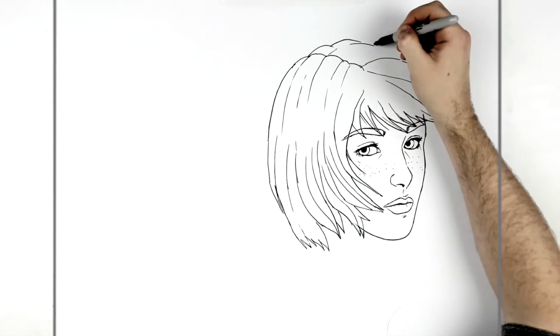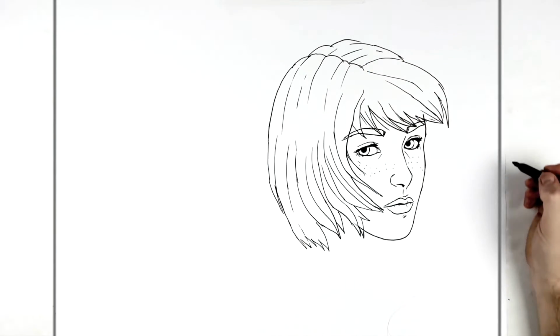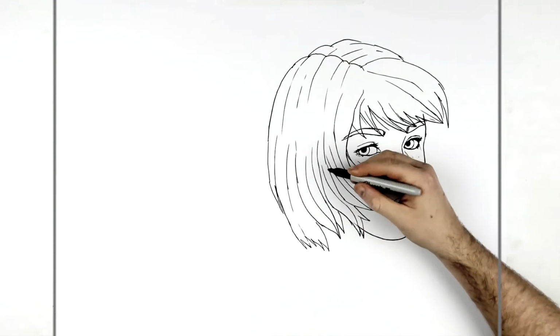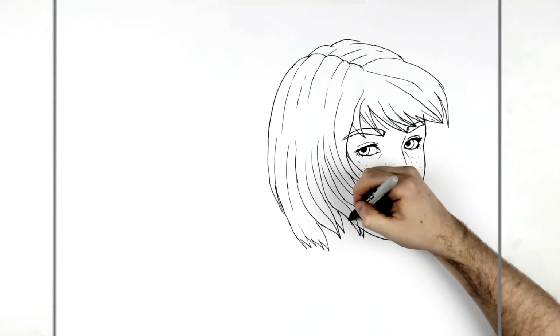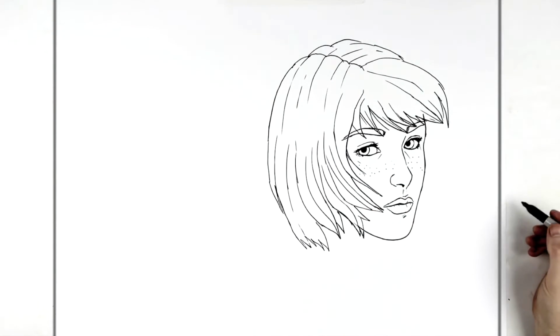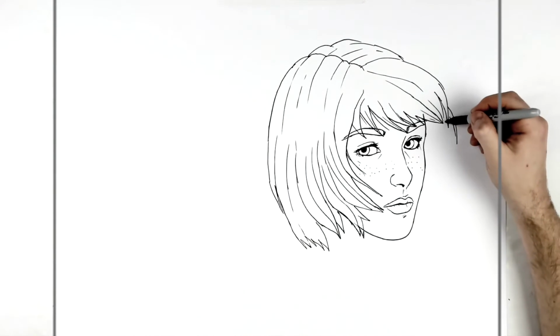Some more texture coming out here. Like so. So that's hair. You see some more jaw there, maybe? I don't know. Okay, so more hair spikes kind of blowing in the wind, sticking down this way.